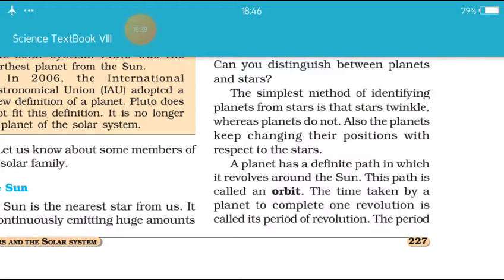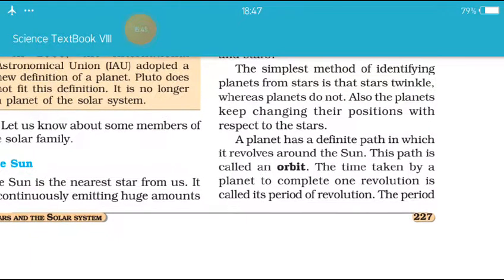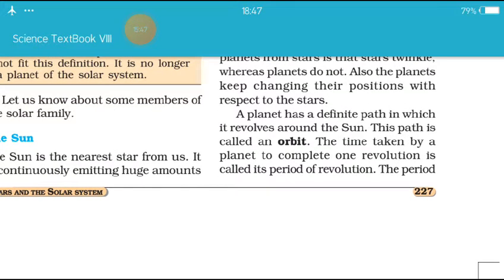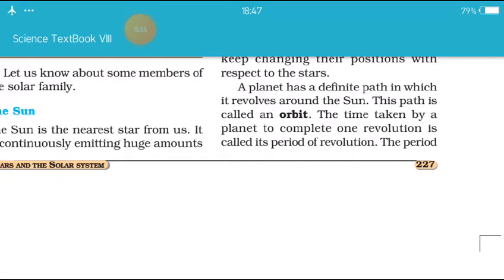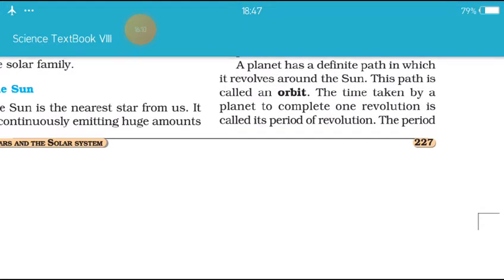A planet keeps changing its position with respect to the stars. A planet has a definite path in which it revolves around the sun. This path is called an orbit. So this is the definition of orbit.